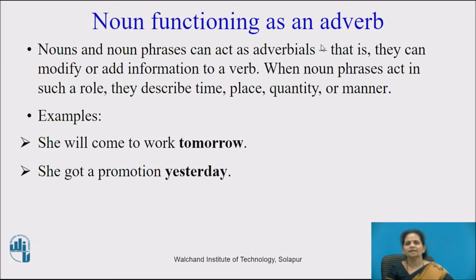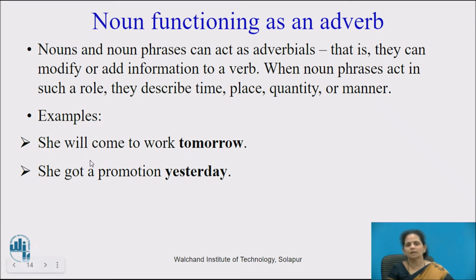Noun functioning as an adverb. Nouns and noun phrases can act as adverbials. That is, they can modify or add information to a verb. When noun phrases act in such a role, they describe time, place, quantity or manner.